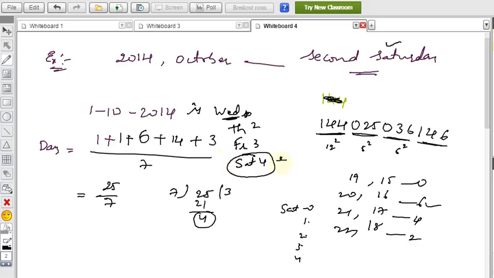The second Saturday means just plus 7, so that is the 11th. So the 11th is the second Saturday in that month. So if any month is given and you want a particular day like second Saturday, first Saturday or last Thursday, we need to find the first day of that month, then obviously you can find the remaining things. Okay, this is the second topic.